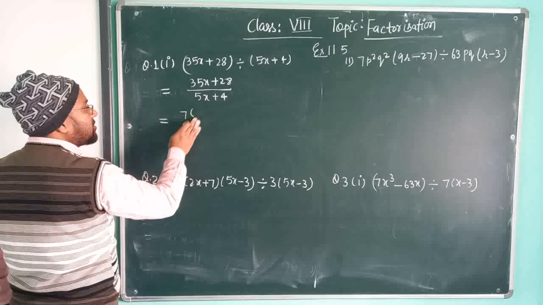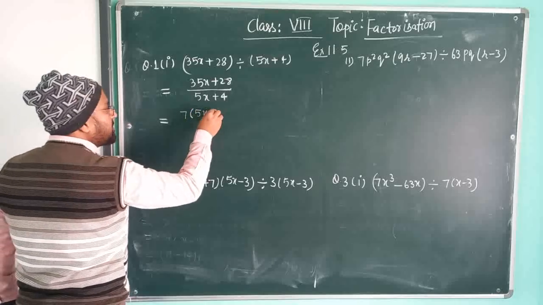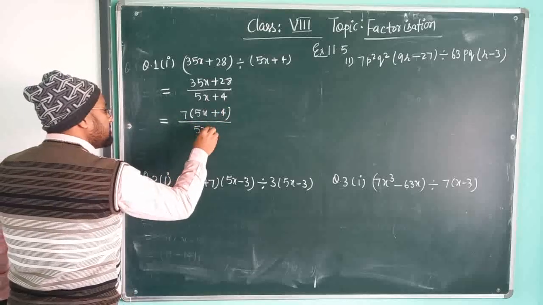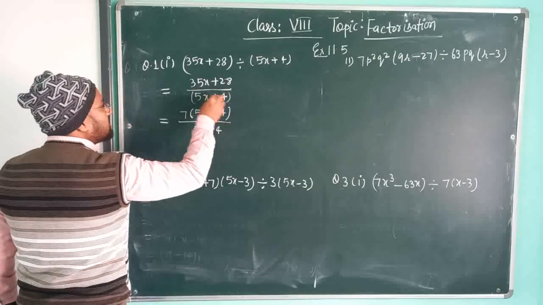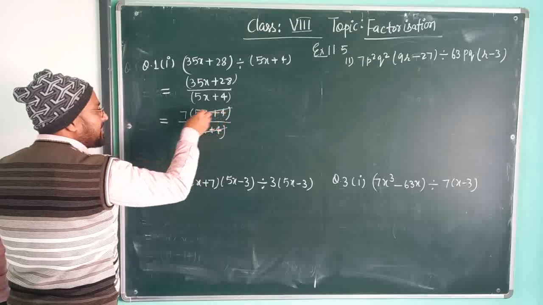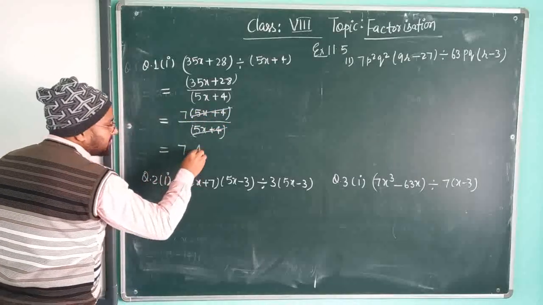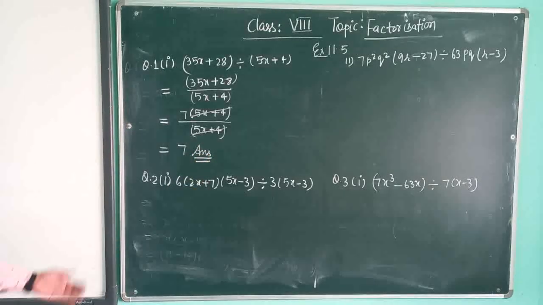If I take 7 as common, what is remaining here? 5x, 5 7s are 35, plus 4. And upon 5x plus 4 in the denominator also. Same as it is. Can you tell me? So 5x plus 4 is going to be cancelled out by 5x plus 4. What is remaining? 7, and that is your answer. Easy or not? It's very easy.